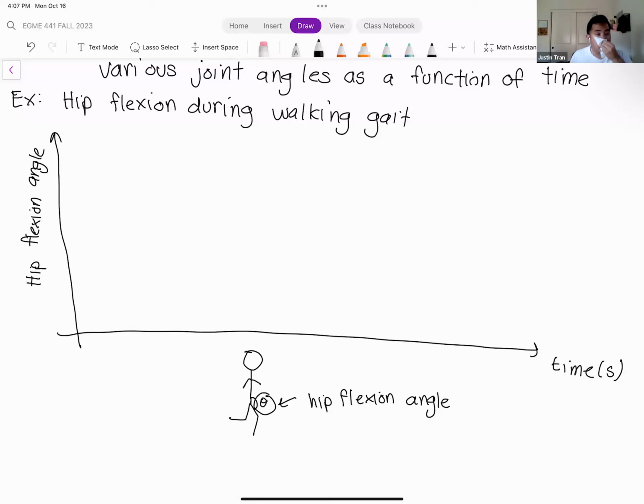Let me go ahead and draw a dotted line here as well. This dotted line corresponds to a neutral position. Anything above this line will mean the knee is in flexion.